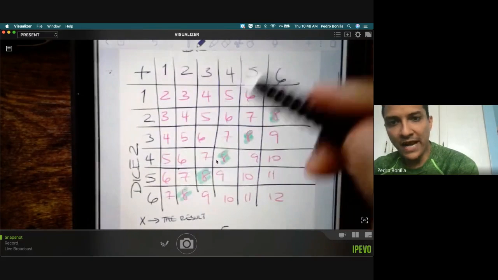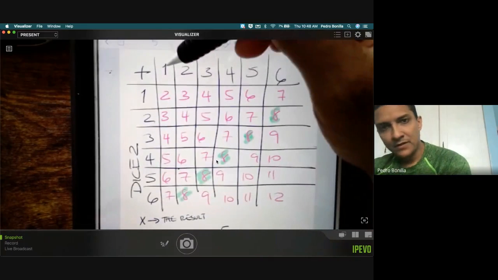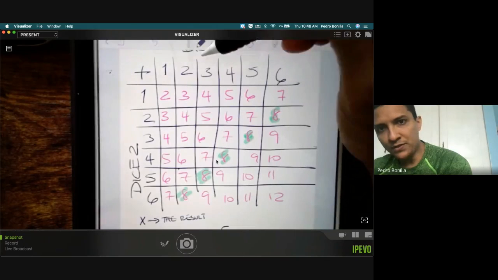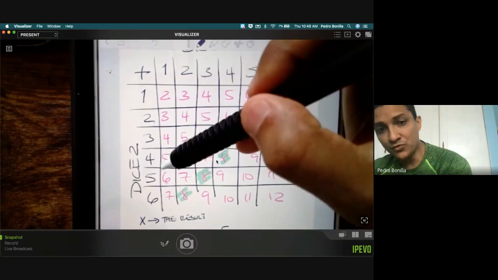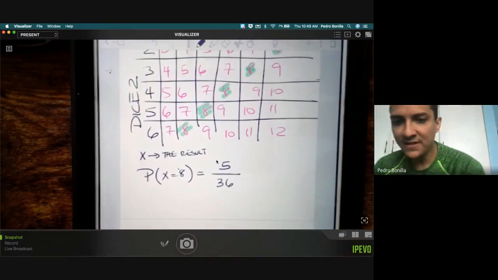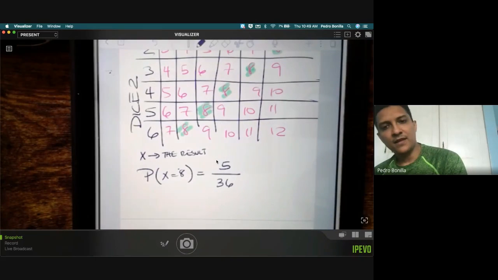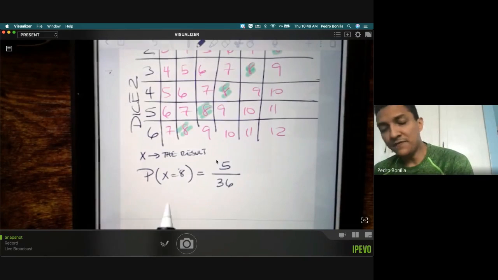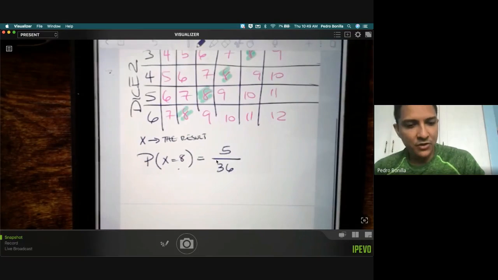Maybe you don't want to count the cells, but if we multiply the 6 columns by the other 6 rows, we know that in total we have 6 times 6, 36 options. So the probability of getting an 8 is 5/36.